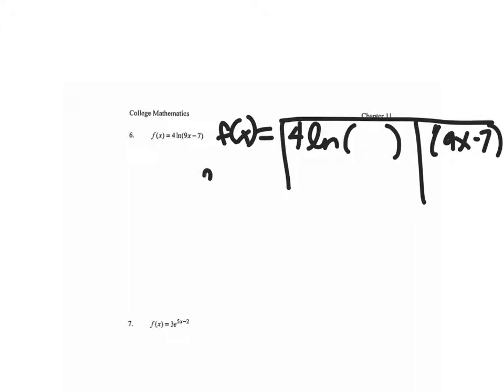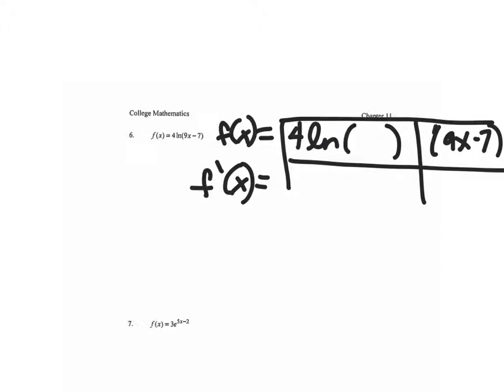So we're ready to take the derivative now by taking the derivative of each of these that we've put into this box. So what would be the derivative of 4 times the natural log of something? Well, it's not the something, right?